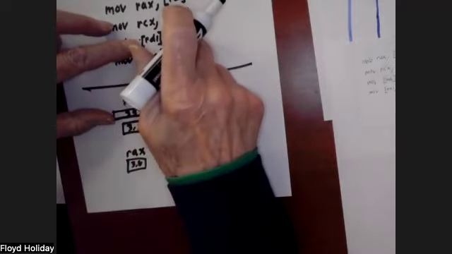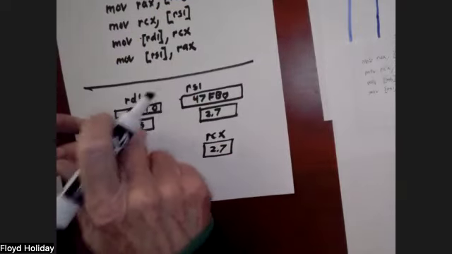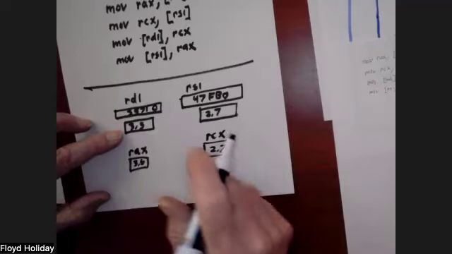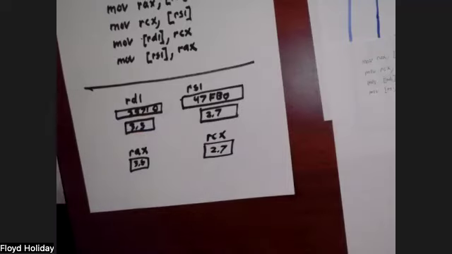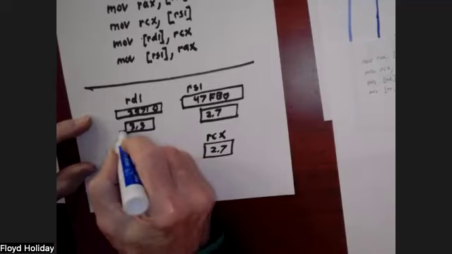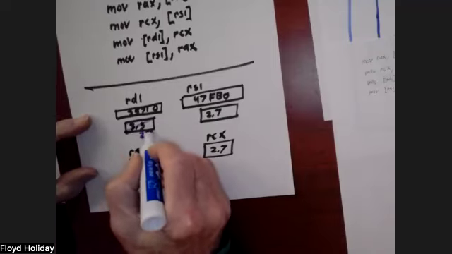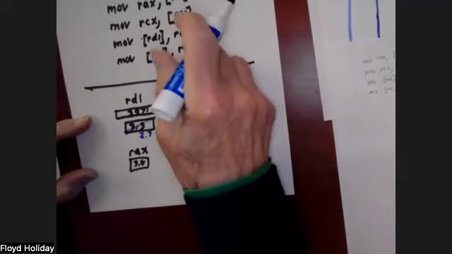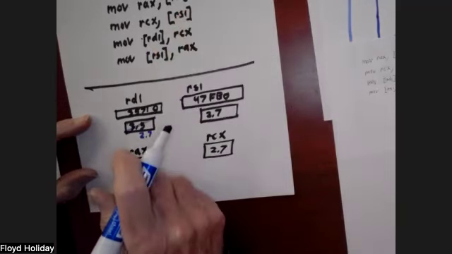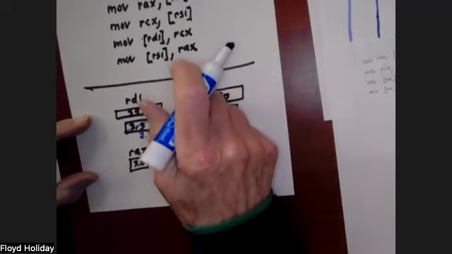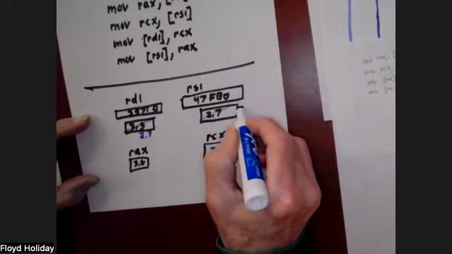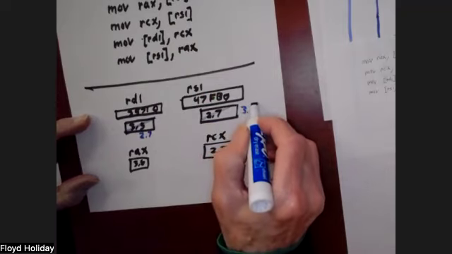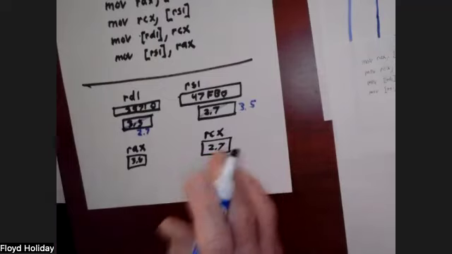RDI dereferenced is here. Let me do it in blue so it looks different. 2.7. The next one, copy what's in RAX, 3.5, to where this address dereferences to. 3.5. Okay, and then we're done.